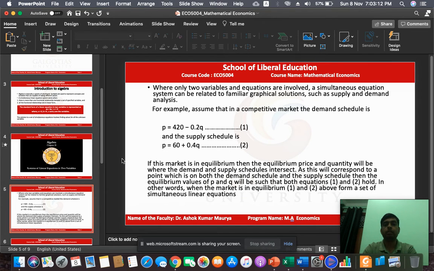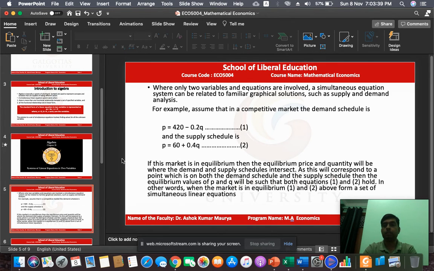Both are in the form of linear equations, and the intersect point of the demand side equation and the supply side equation will be the equilibrium point, and we can find out the value of price and quantity at that point.